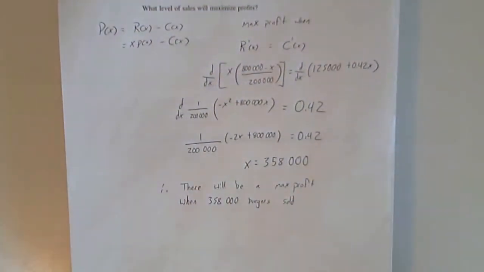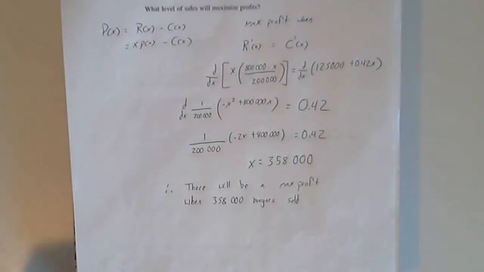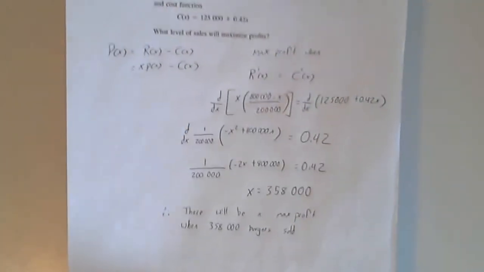Those will be the ends of our domain. And in both those cases, there's no profit at all. So there's only one critical point, and it's going to end up having to be the maximum. It's certainly not going to be a minimum. It's not going to go up from there. Yeah, so that's it for that one.